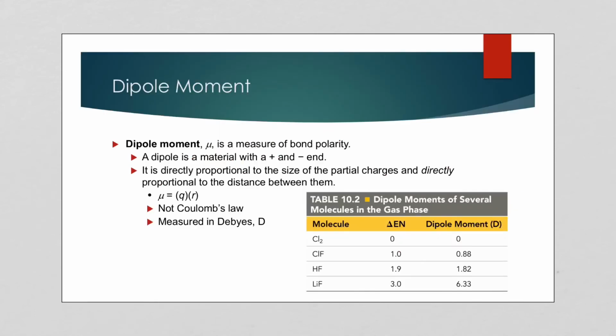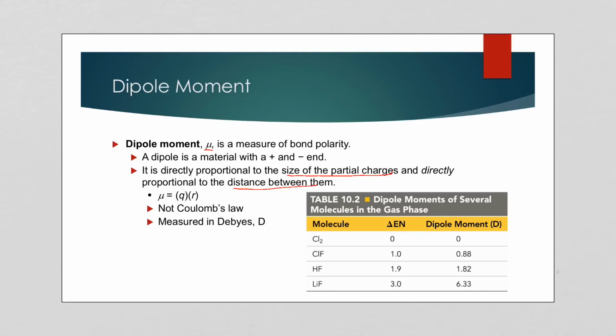Now, there's something called the dipole moment, which is abbreviated by this mu symbol here, and it is another way to measure bond polarity. It measures the difference between the positive and the negative ends of the bond. It is related to the size of the partial charges, so how positive, how negative, and the distance between them.